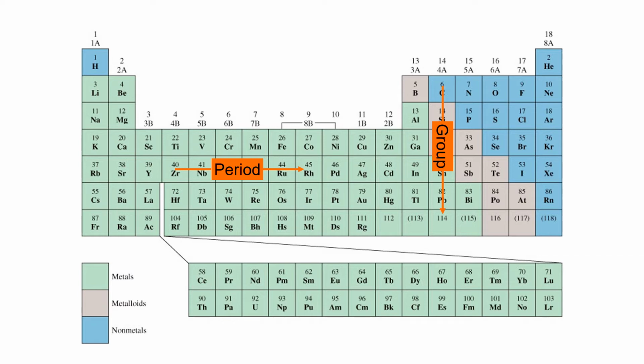They follow common characteristics and rules. You'll notice that there are these B's, 3B, 4B, 5B. While these are all metals in this family, they do behave differently than the main group metals, and we'll talk about that more later.